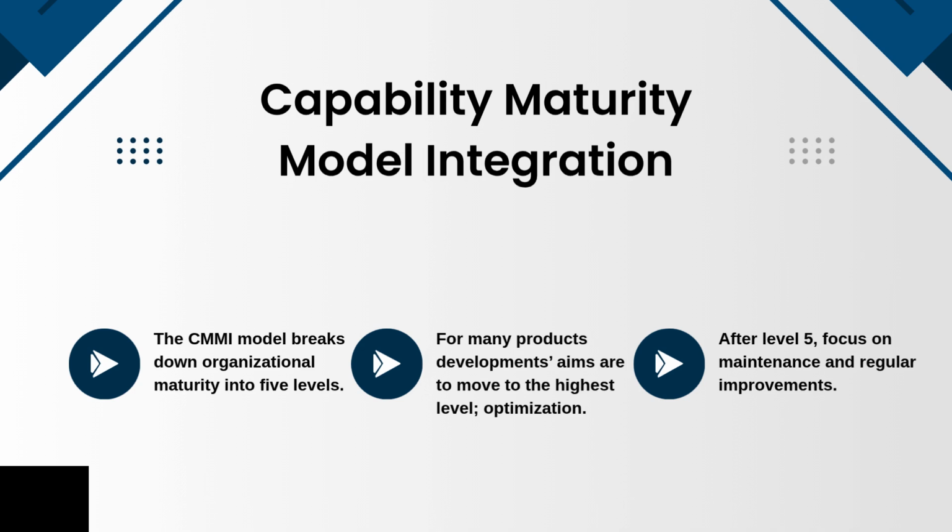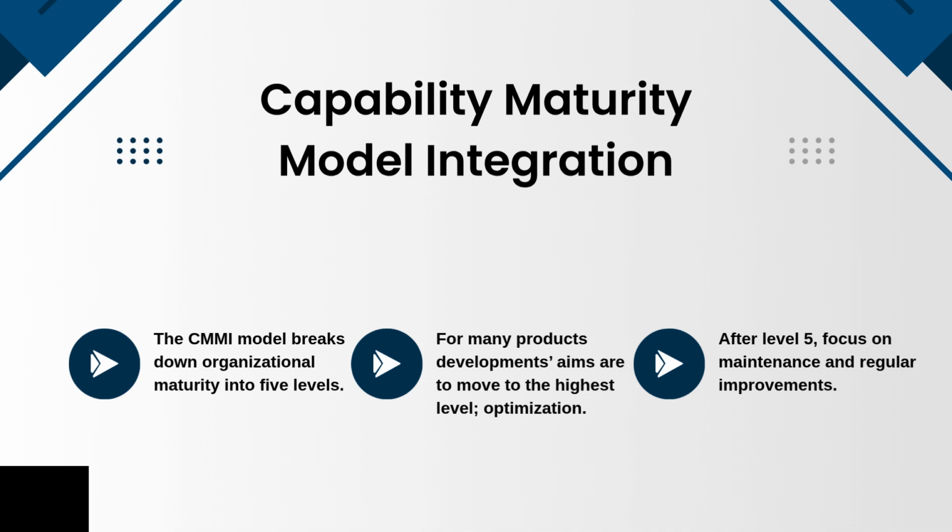At this level, the organization does not only follow standard processes, but it also focuses on continuous improvement. It regularly evaluates its performance, adopts new technologies, learns from previous experience, and looks for better ways to improve quality, productivity, and customer satisfaction. However, reaching Level 5 does not mean the work is completed.